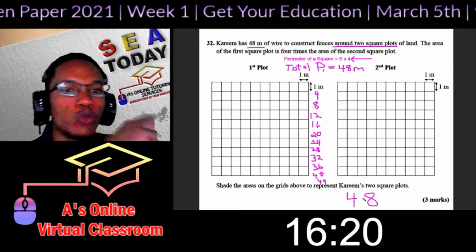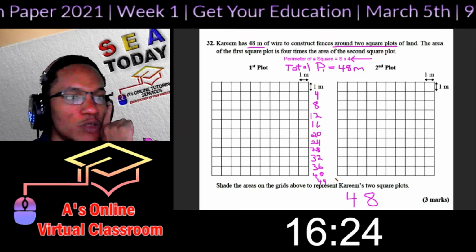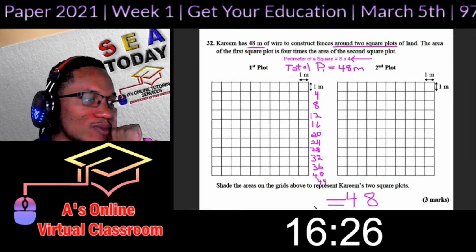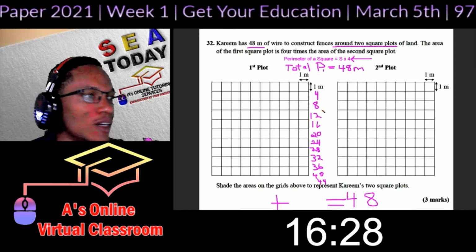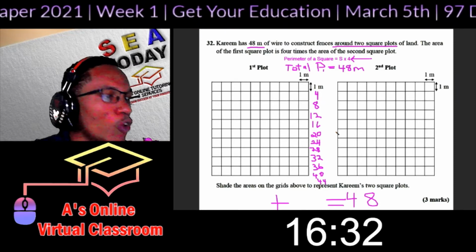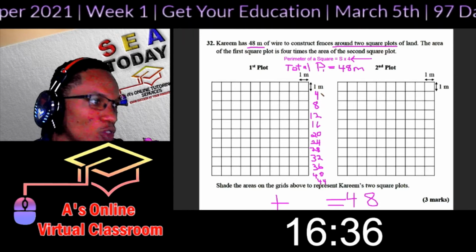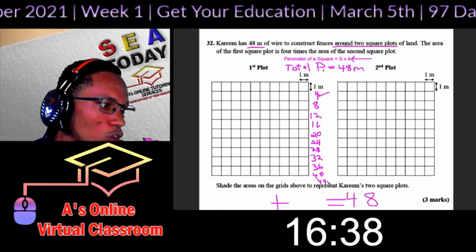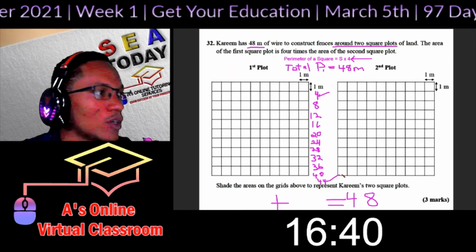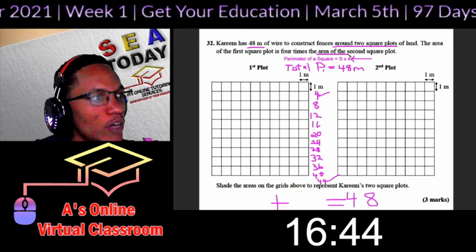Now we want 2 numbers out of this group that will add to give us 48. So 4 and 44, 8 and 40. You can match them as you go down, but we want to keep in mind the information they gave us about the area.